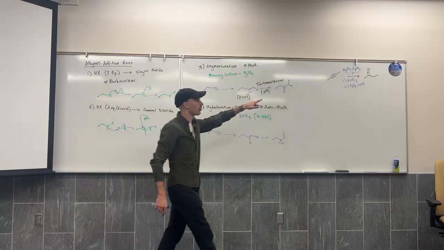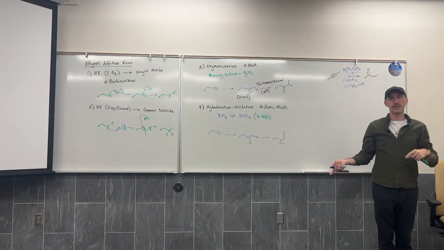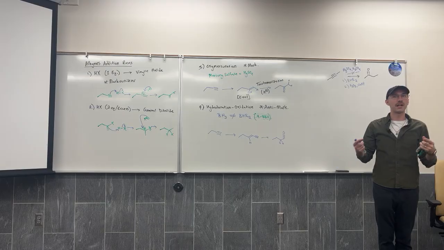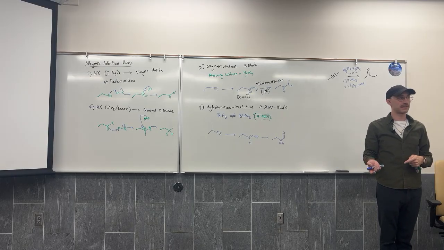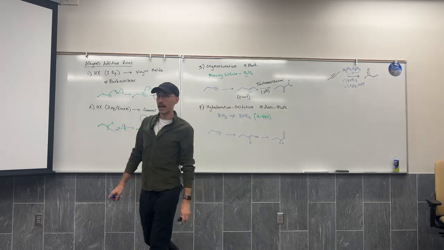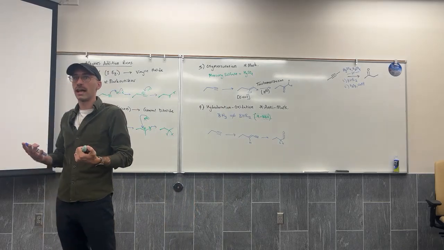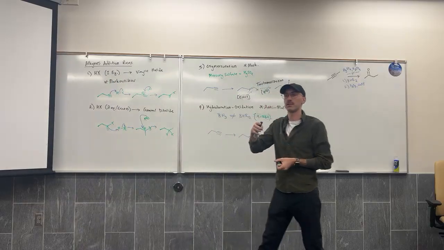Because this internal alkyne doesn't have a Markovnikov or anti-Markovnikov. There's not a carbon more substituted and a carbon less substituted. So the difference is, do you have mercury sulfate in lab to use, or do you have a borane derivative to use? You just work it out based on what you want to do.